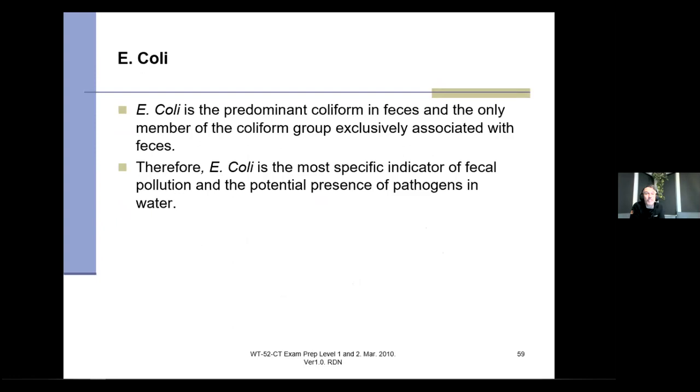That's the one that's found in feces. And basically, it's associated with contamination. And again, E. coli is the most specific indicator of fecal pollution. And if it's in your water, it's a real problem. E. coli can make you very, very sick.